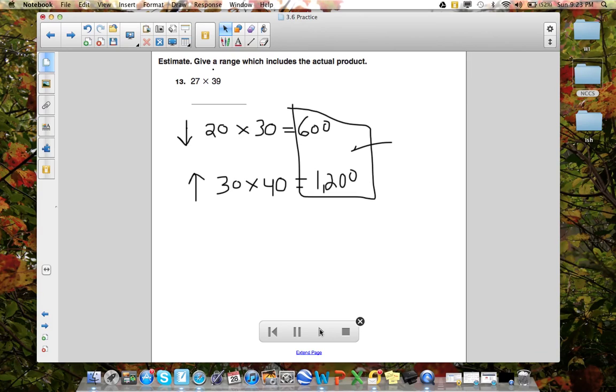So we know that the product of 27 and 39 would have to be somewhere in between those two numbers. I think this is the one we pulled the calculator out on. Yep, there it is. I have to put 27 times 39 in, and we get an answer of 1,053, which is right in between that range that we got.